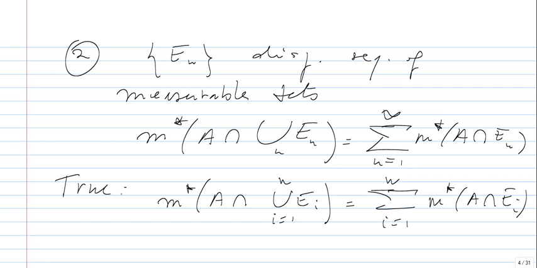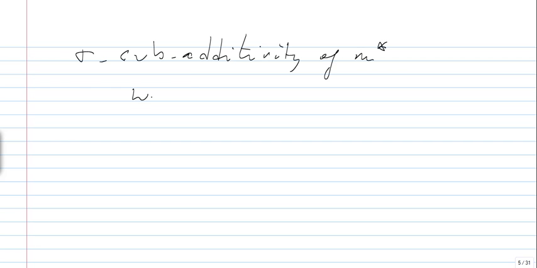The argument we're going to choose here is very simple, and it works in a lot of situations. First of all, by sigma subadditivity of m star, we have m star of A intersect the union of all the En's from 1 to infinity.